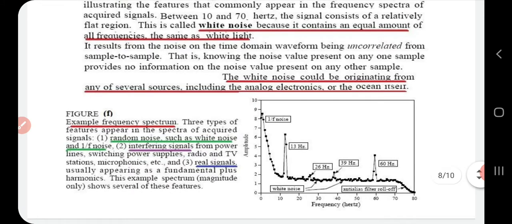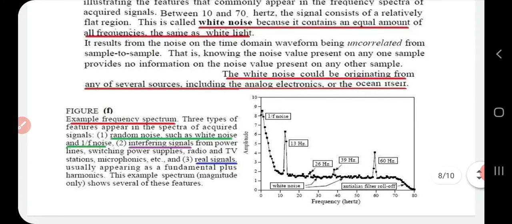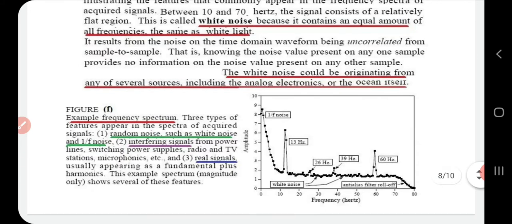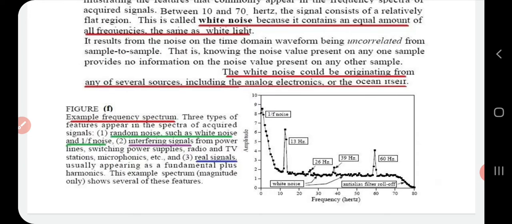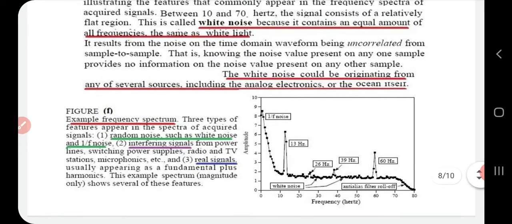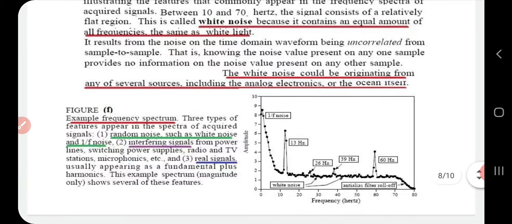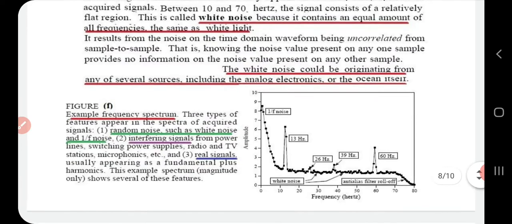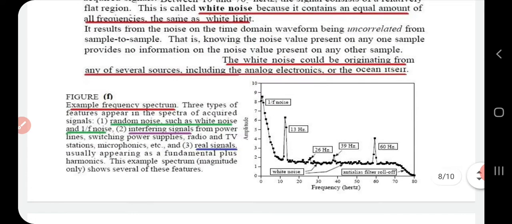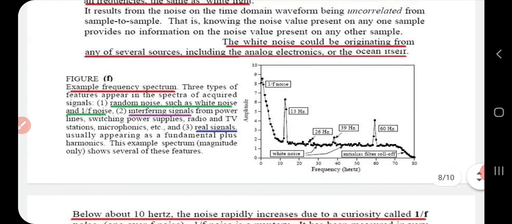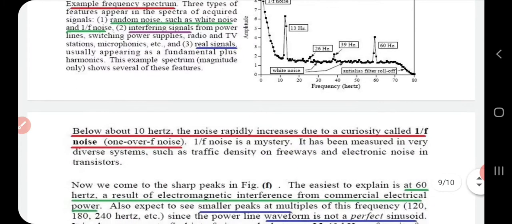That is, the noise level present in one sample will not give us any information about the noise level present in the other sample. So between 10 and 70 hertz, white noise is present. It originates from several sources.